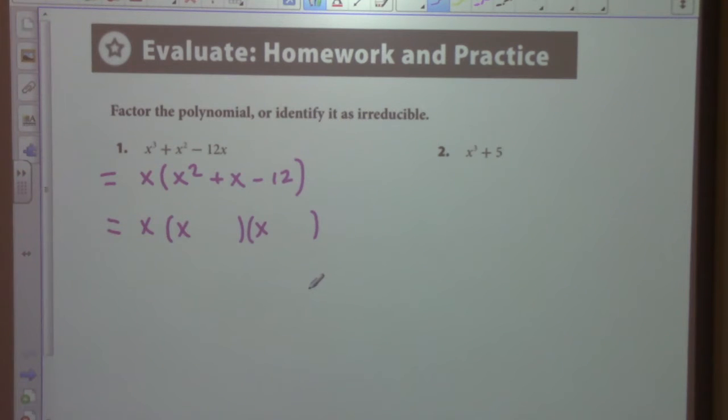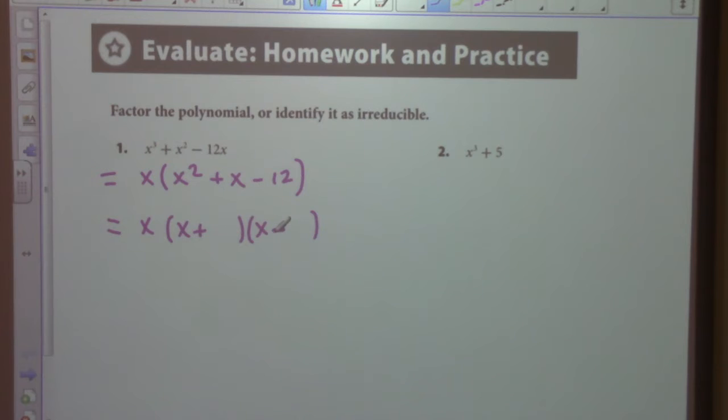And so what's going to go next here? Would it be plus 4 minus 3? Now Ben said plus 4 minus 3. I think he's right. But what I like to do even before that, I like to look over at this minus 12. So if this is minus, what does it tell us here? It means we're going to have a plus minus here.